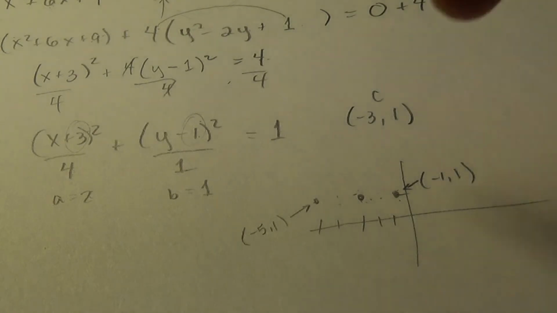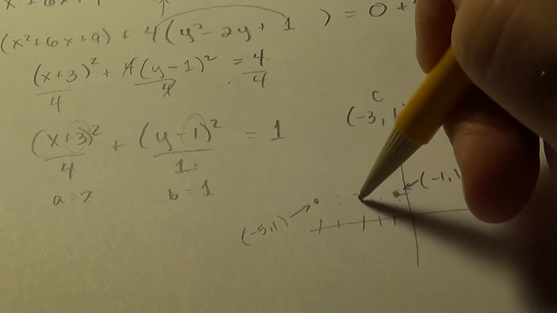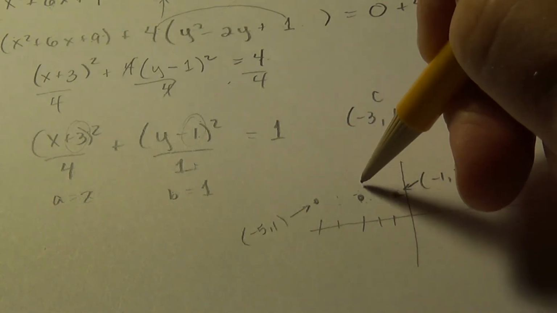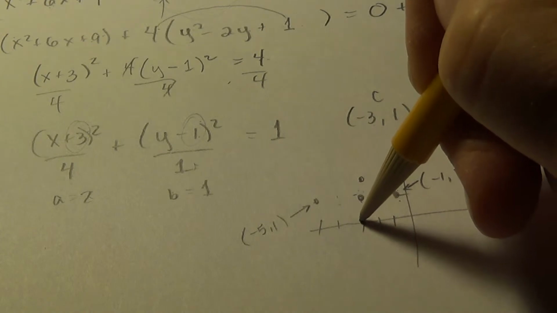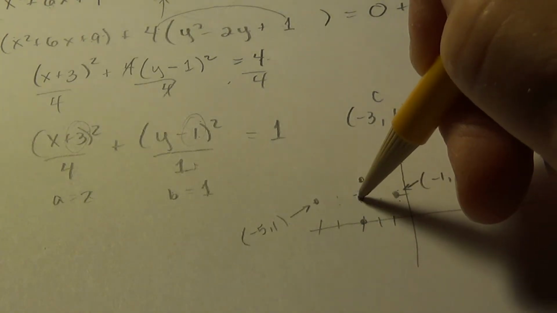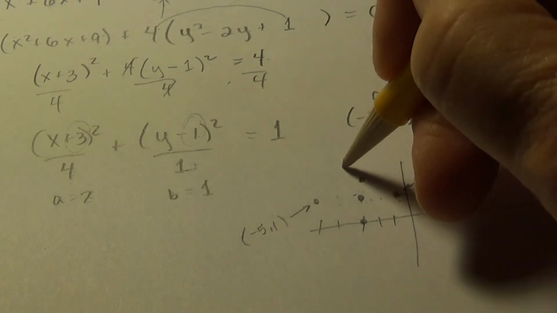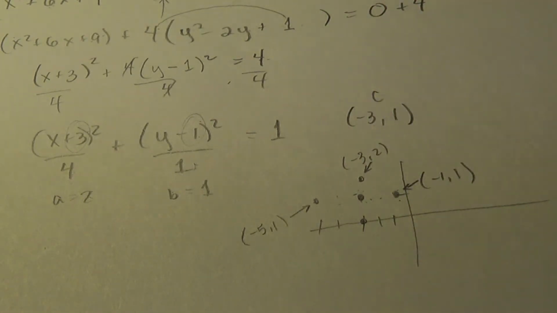And now I'm going to go up and down our B value. So from here, which is -3, 1, I'm going to go up 1 and down 1. This one is -3 and 1, so now it's going to be -3 and 2, the value of that vertex.